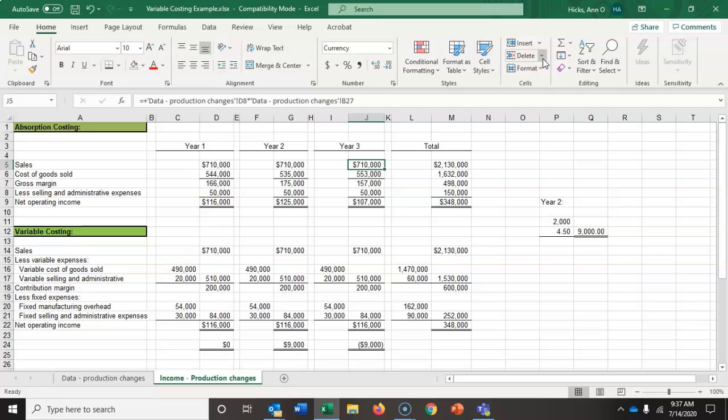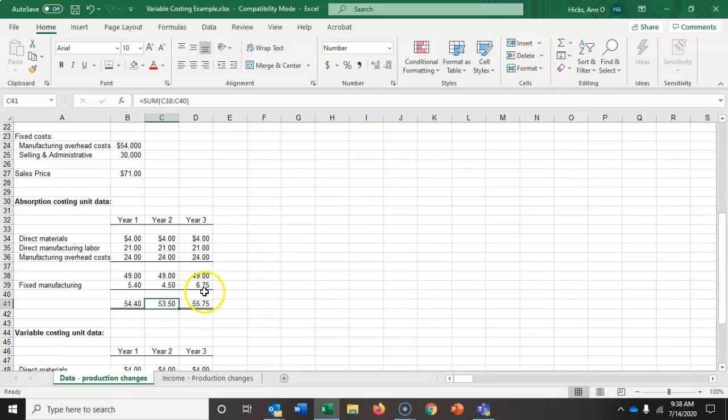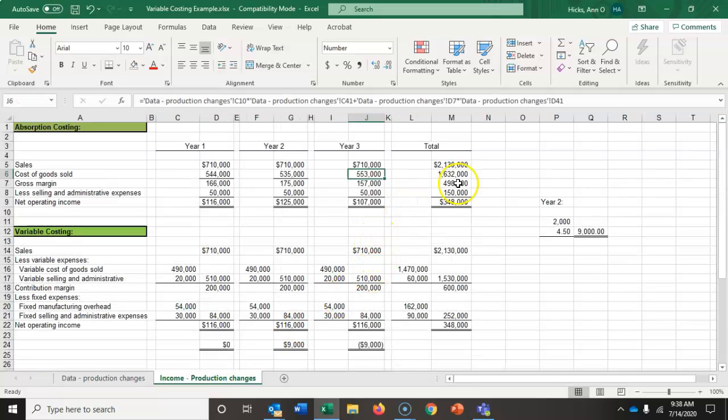Sales remain the same. Notice cost of goods sold has changed again. Changed because we had a higher cost of goods sold per unit because we had less production and therefore had to spread the fixed costs over fewer units.